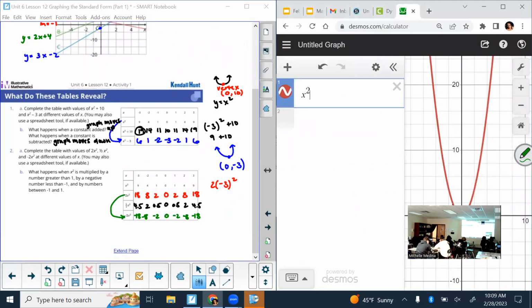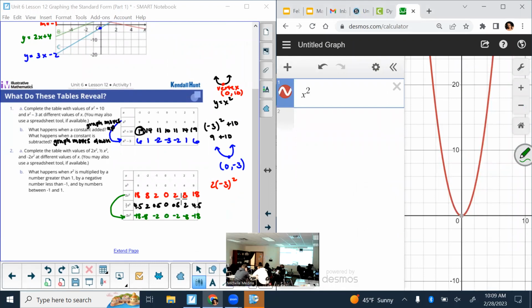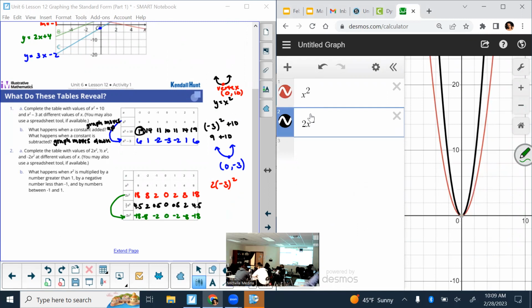So here's my parent graph, still in the red. Now here's the 2x squared. So did the graph move up or down? We're going from red to black. So just tell me, did it move up or down?